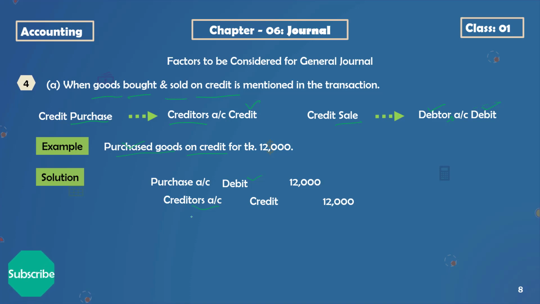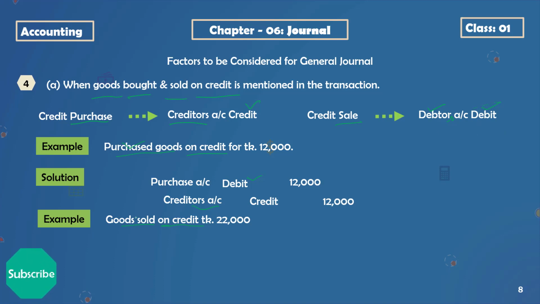And what about credit sale? Look at this. Goods sold on credit is mentioned here. So for selling goods on credit, you have to debit debtors.